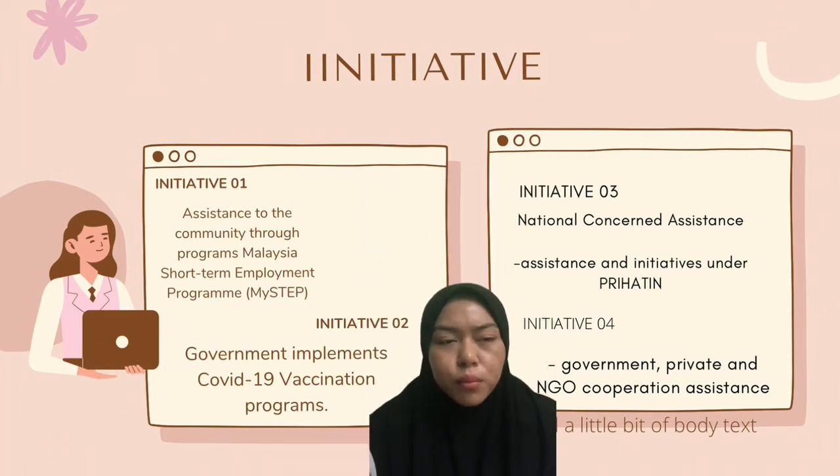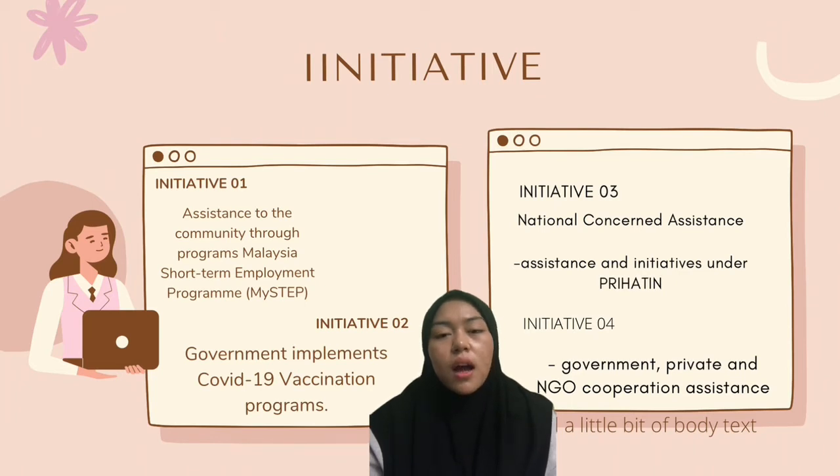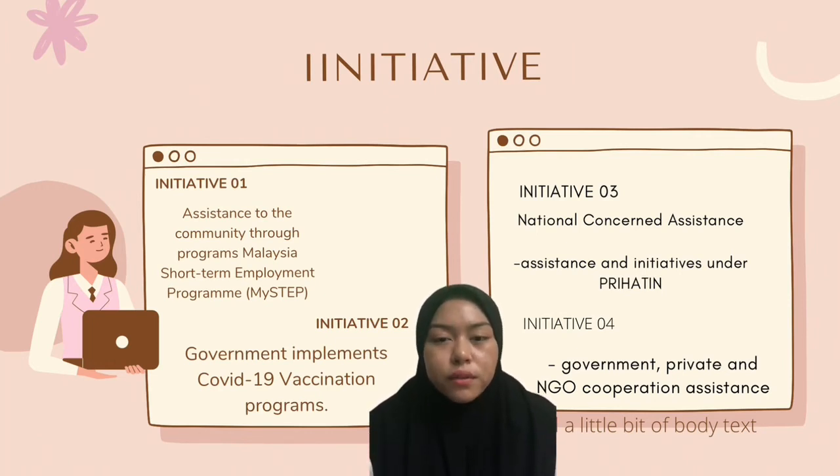Payment of PTPK for 6 months is deferred, and postpaid and prepaid customers will be provided with free high-speed internet with a quota of 1 GB per day until the end of the movement control. Deferment of income tax installment payments to all small and medium enterprises (SMEs) for a period of 3 months. Deferment of tax installment payments to businesses affected in the tourism sector for 6 months.